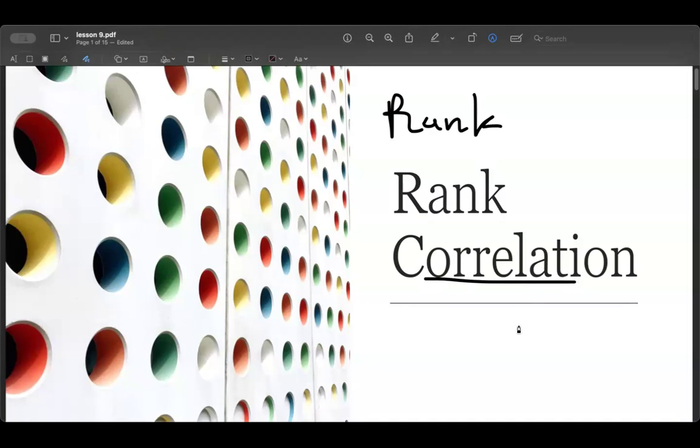This correlation coefficient is in between -1 to +1. Hari, if you can remember those ones, the -1 to +1. So we can define these ones: a strong positive linear relationship, and a strong negative linear relationship.